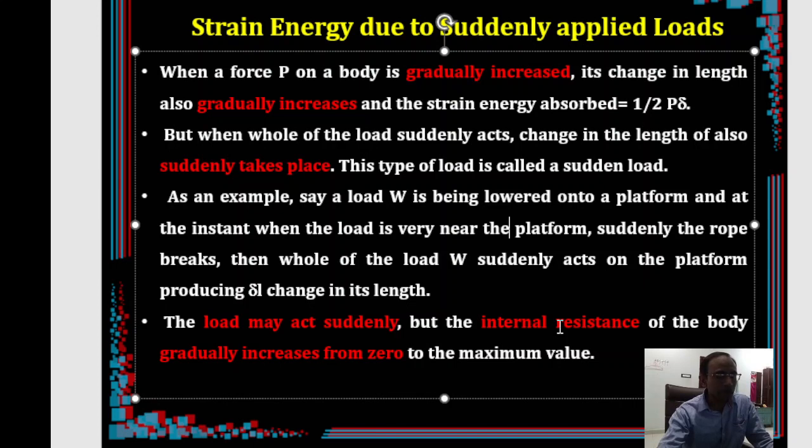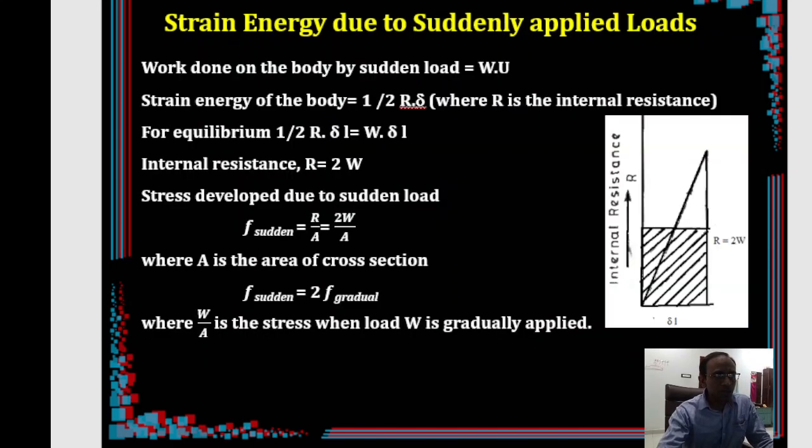When you apply gradual loads, the internal resistance and energy keep building gradually. The same thing happens here also. Although it is a sudden load, the material gradually develops its energy and reaches the maximum. So during the process, we can now calculate what happens.